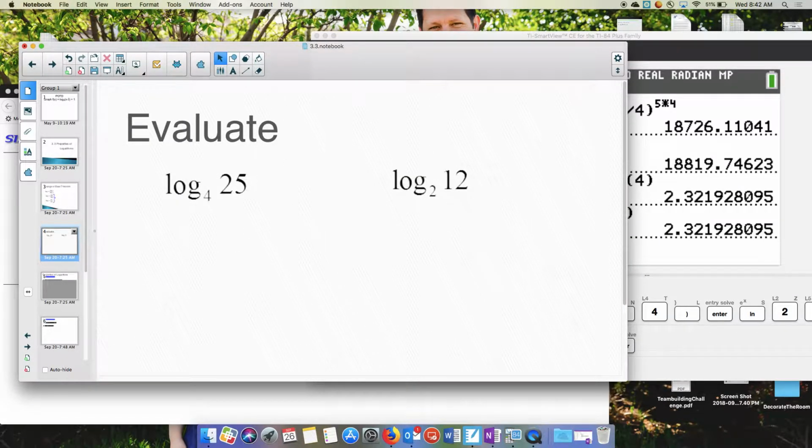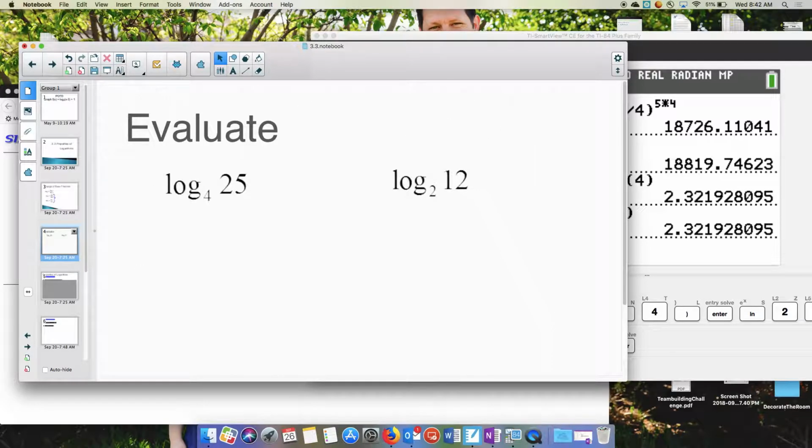So my next example is log base 2 of 12. Let's first determine where this is going to fall. Log base 2 of 12. Between which two numbers is this going to be? Two to the what power is 12? 3 and 4, who said that?